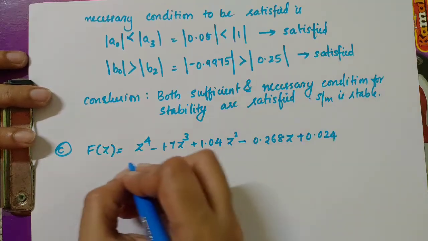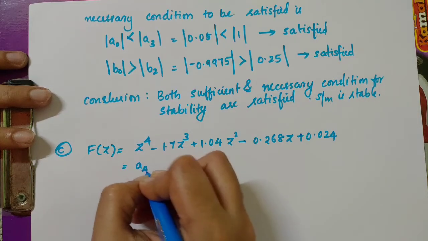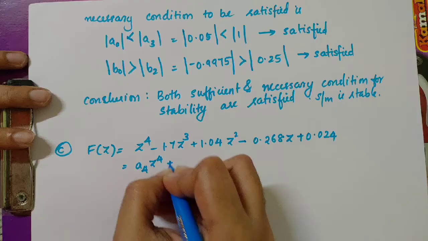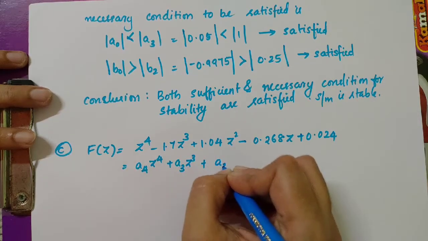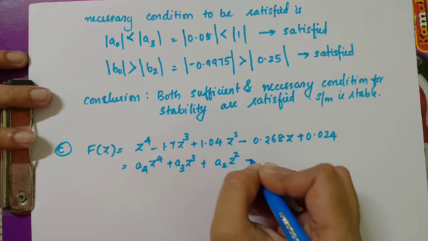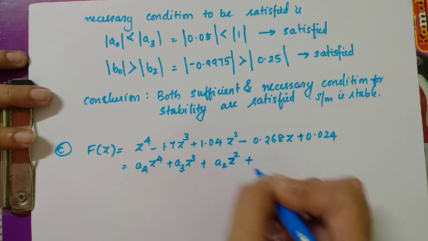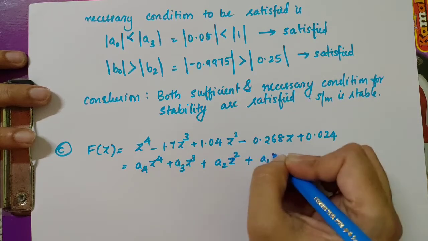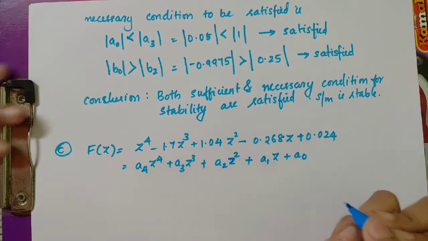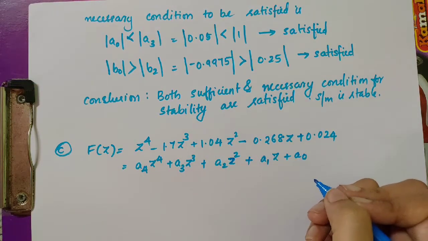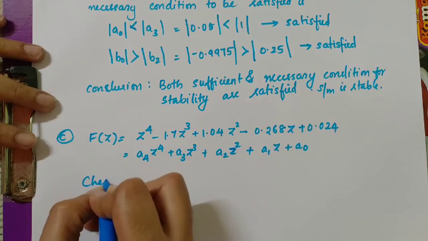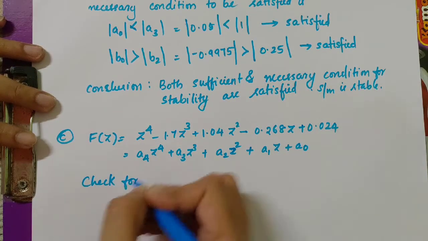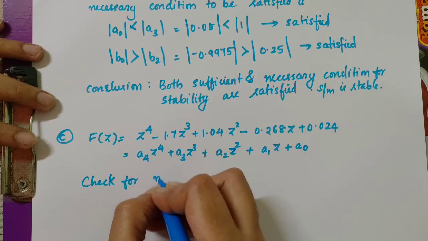Okay, that is a4 z raised to 4 plus a3 z raised to 3 plus a2 z raised to 2 plus a1 z plus a0. We have it in this form. What is first? Check for the necessary condition.